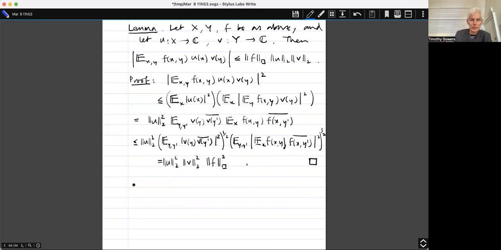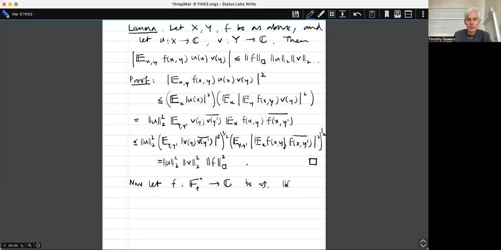Now let's make a little observation. I'm going to specialize to the F_p case. Actually in the notes I did this for an arbitrary finite abelian group, but since we're doing F_p to the n, I'm going to have f be a function from F_p to the n to the complex numbers.